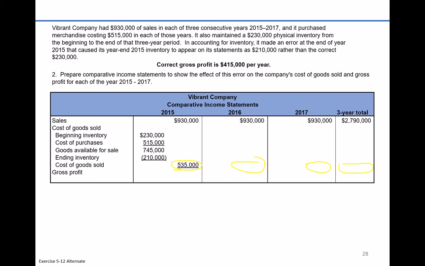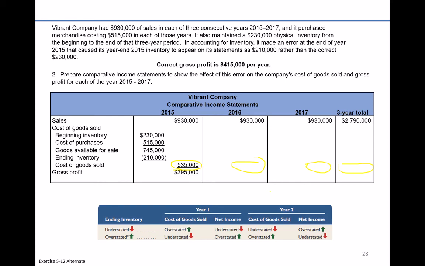So as a result, our cost of goods sold is being what? Understated or overstated? Well, it's being overstated. Let's take a look at the chart that refreshes our memory from the Learn Smart modules.